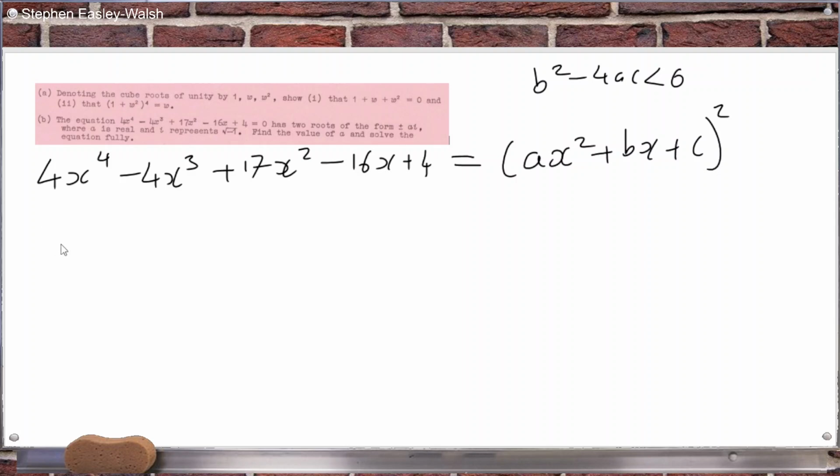But this should equal (ax squared plus c) squared, since the roots are in the form plus or minus alpha i. Now that a is not the same as that a, so maybe just to prevent confusion, I'll call that alpha i.